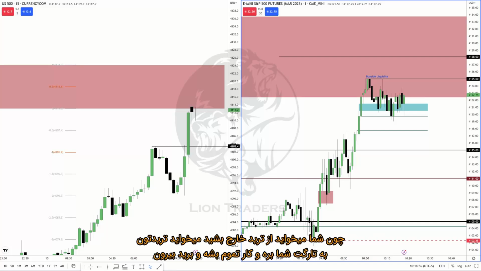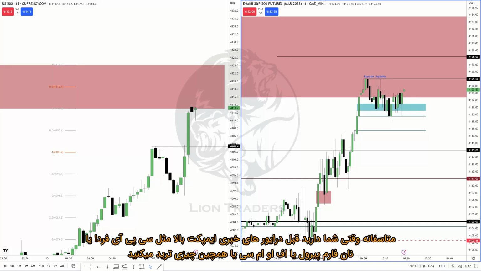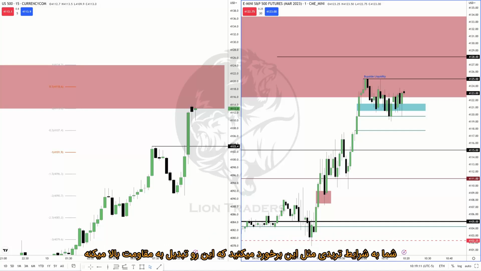You just want to get the trade to go to your target, be done, and be over with. Unfortunately, when you're trading ahead of high impact news drivers like the CPI number tomorrow, non-farm payroll, FOMC, something to that effect, you'll get trading conditions like this, which makes it high resistance.